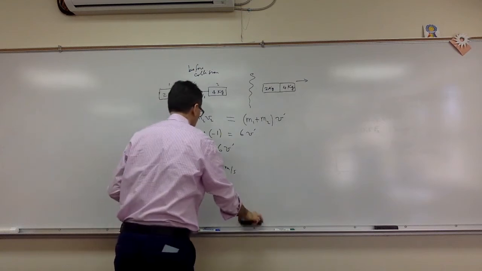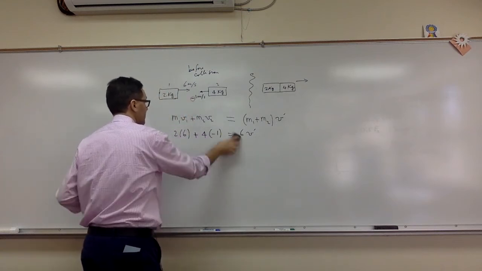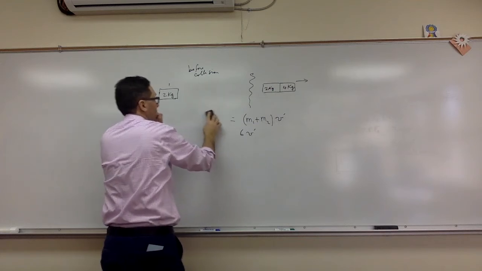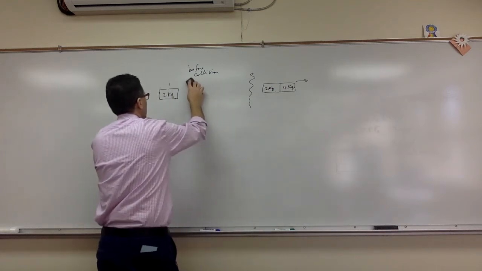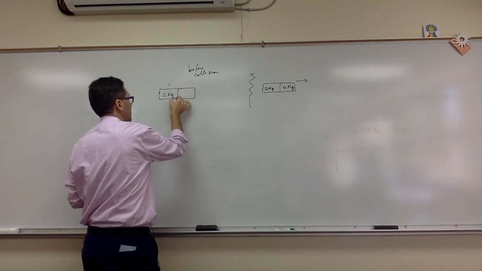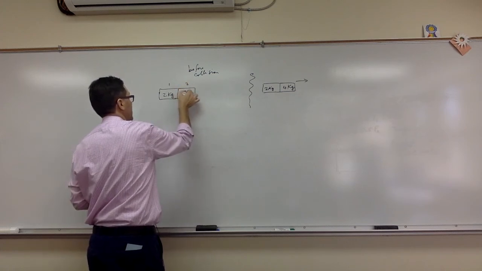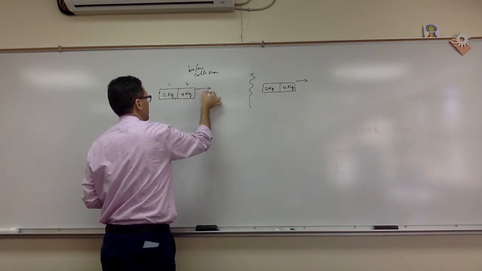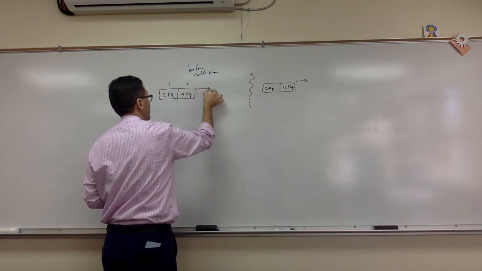I think I should do one last example where I have 2 objects attached to each other. Okay, I'll keep the same thing. And they're both moving to the right, let's say at 12 meters per second.